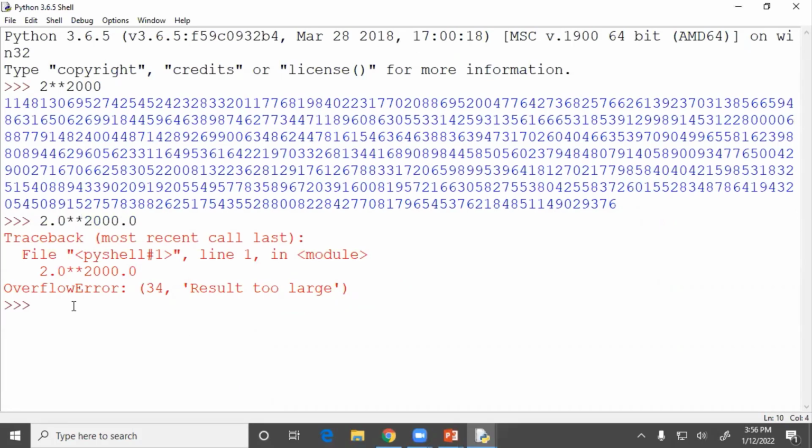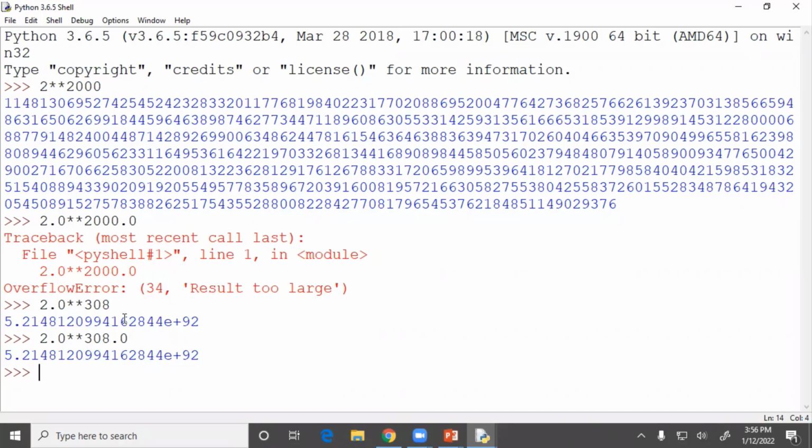That's the beauty of Python. 2.0 power 308. That's what we want. And here we go. Yes, for sure. 0.0. That's what you want. And here we go. So we got an answer.